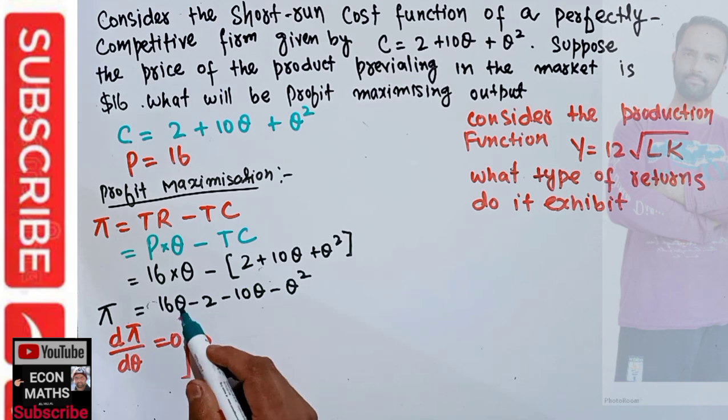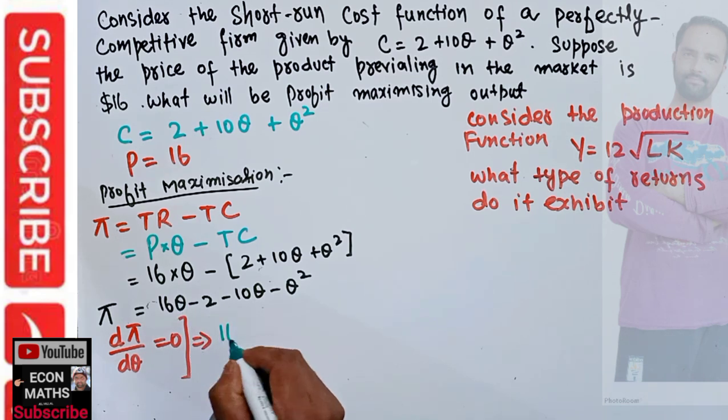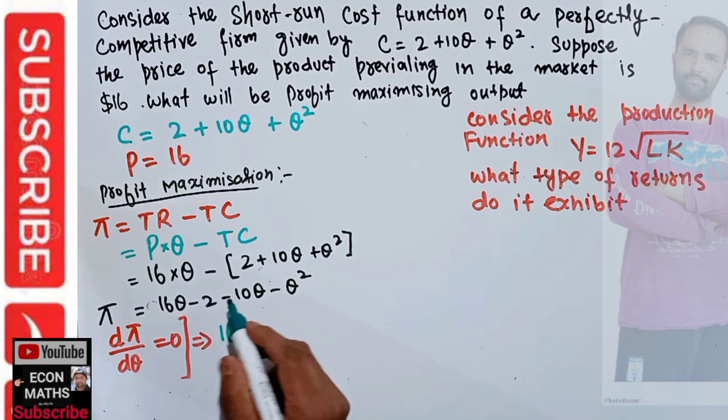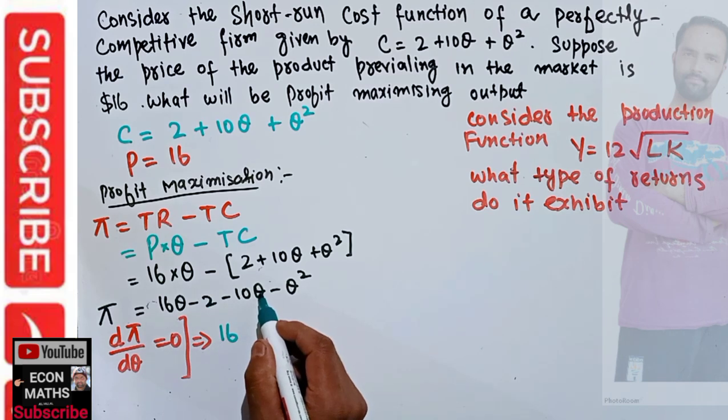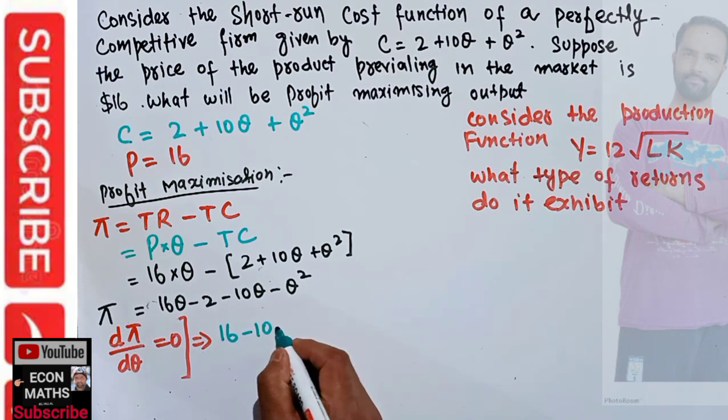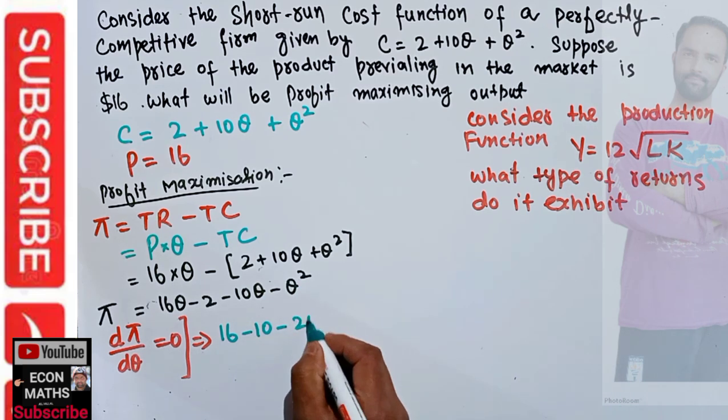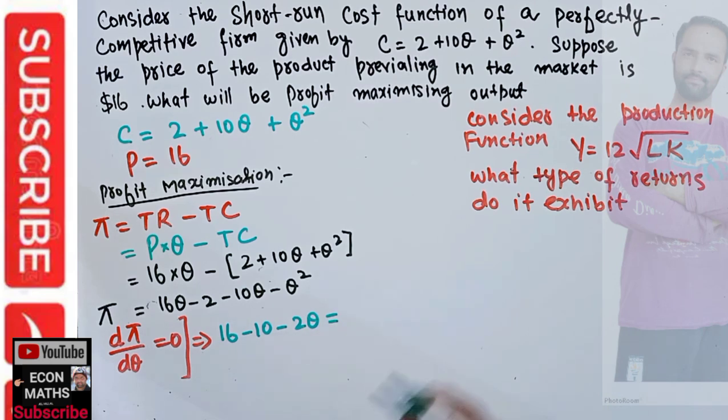The derivative of 16Q is 16. The derivative of a constant is 0. The derivative of 10Q is 10, minus the derivative of Q² which is 2Q. Simple thing, I have explained it a number of times, and we set it equal to 0.